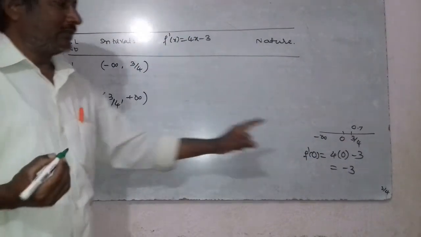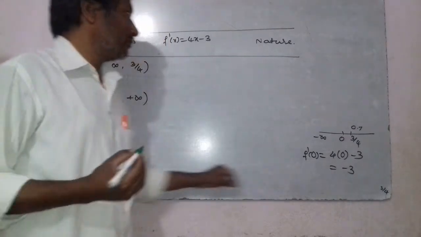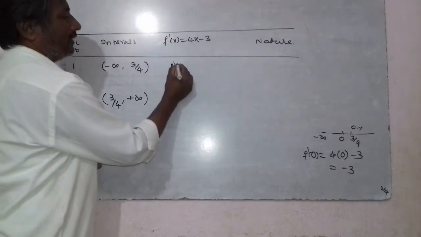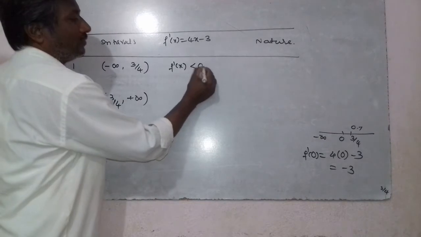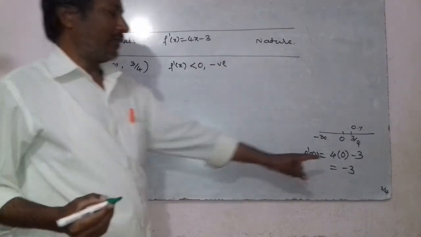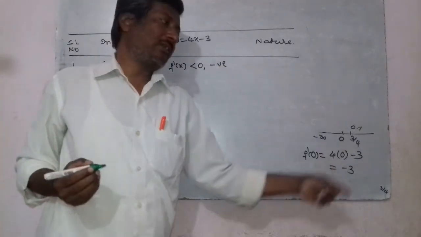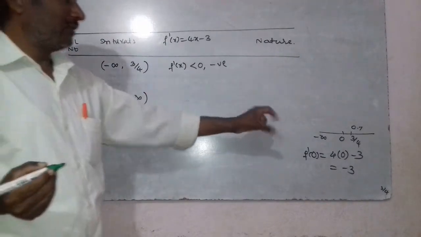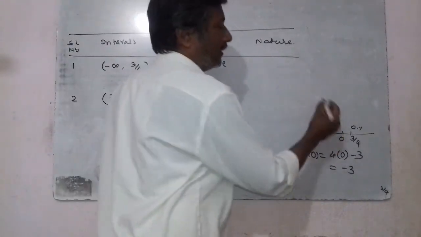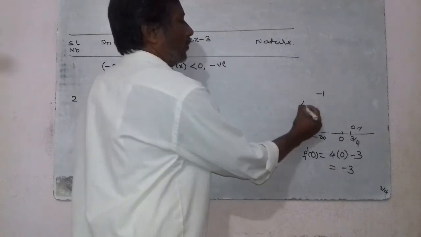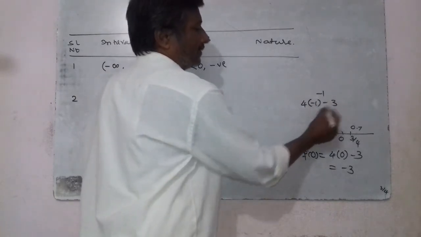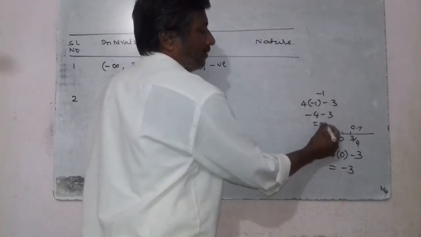So for this interval, any value that belongs to this interval is always negative. So f dash x is less than 0, negative. So here I have tested for 0. You can even take any other value. If we take minus 1, 4 into minus 1 minus 3, minus 4 minus 3, minus 7.